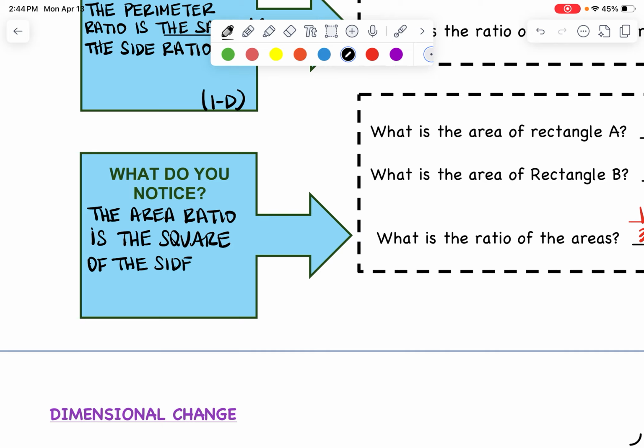Or you could put perimeter ratio since they're one and the same, like we just learned a second ago, right? It's the square of the side ratio. And of course, the reason for that is because now we're in 2D space, right? And not just doing 1D calculations because we're not just finding lengths, right? Now we're finding area, like how much space does it cover, okay?